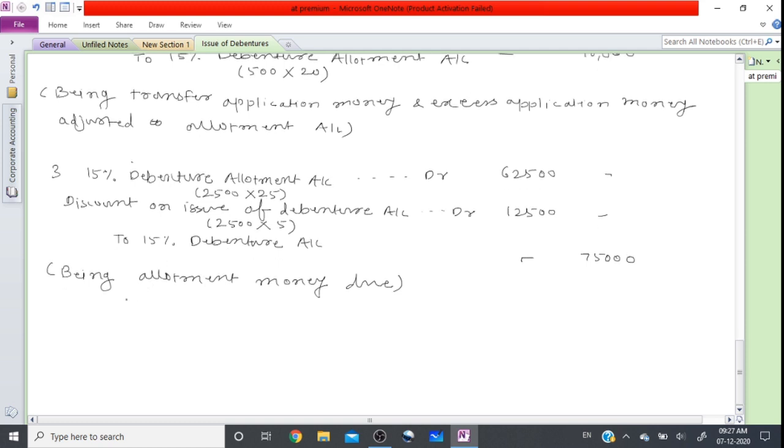Okay. Now receiving the allotment money. Bank account debit to debenture allotment account.